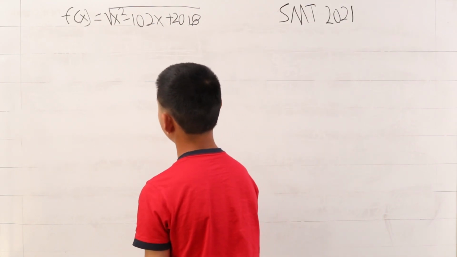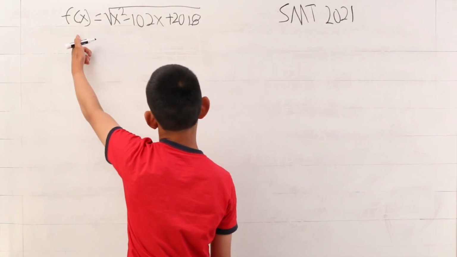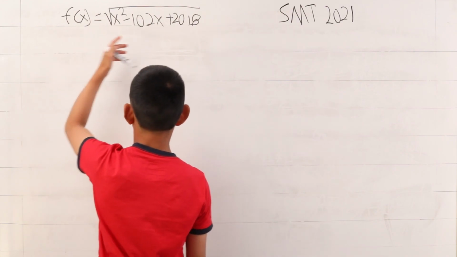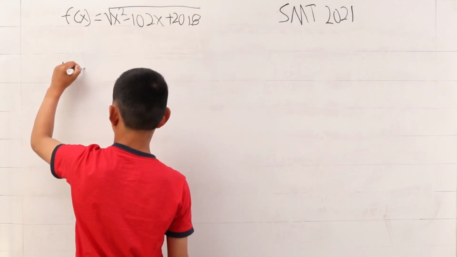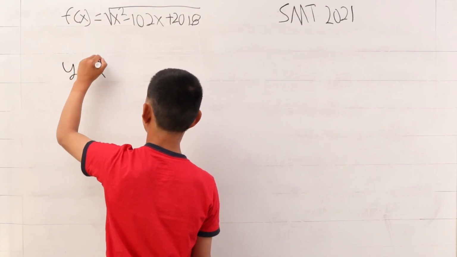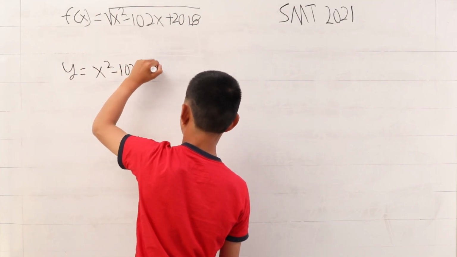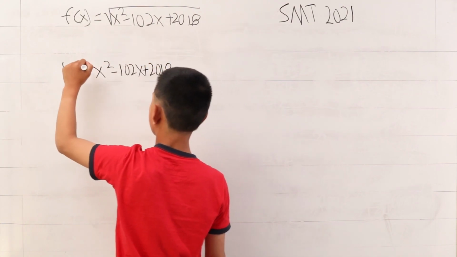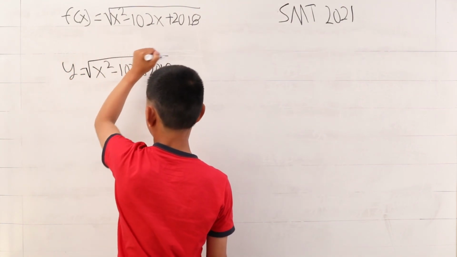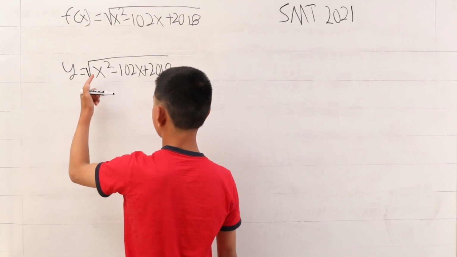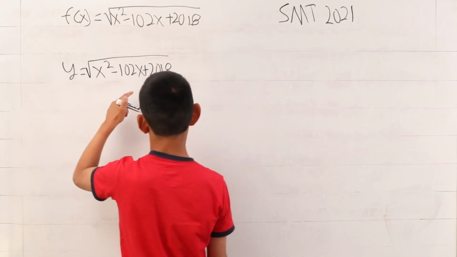So basically what we have here, let's just say this is y. So y is equal to the square root of x squared minus 102x plus 2018. Now we square both sides to get y squared, to get rid of the square root.